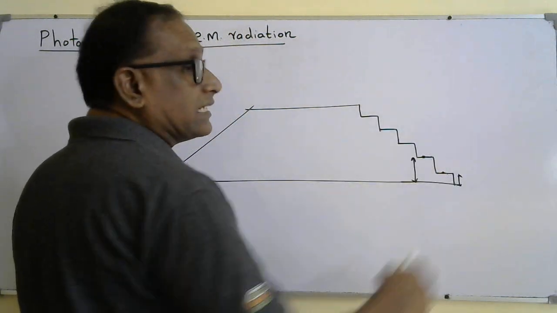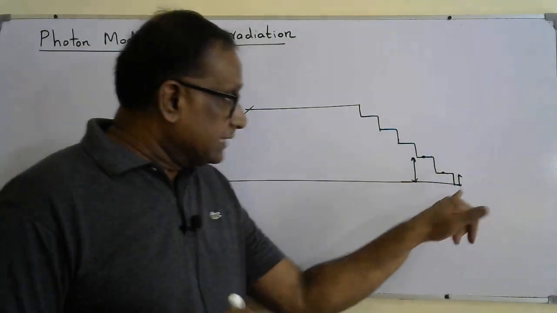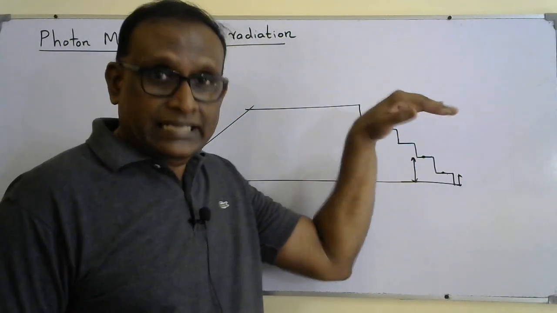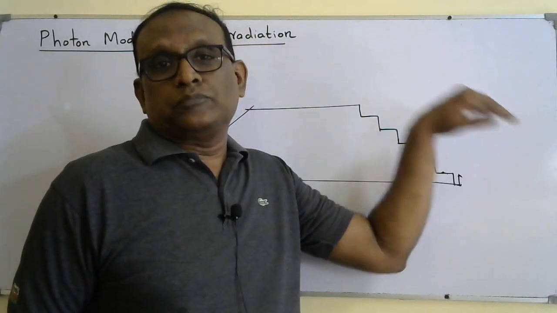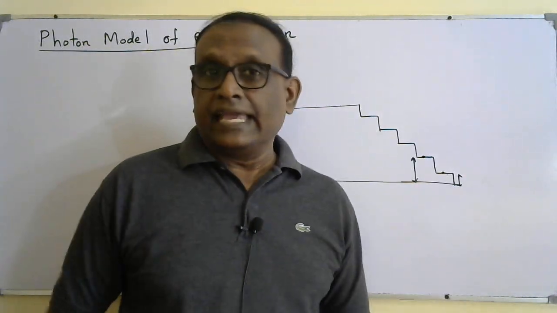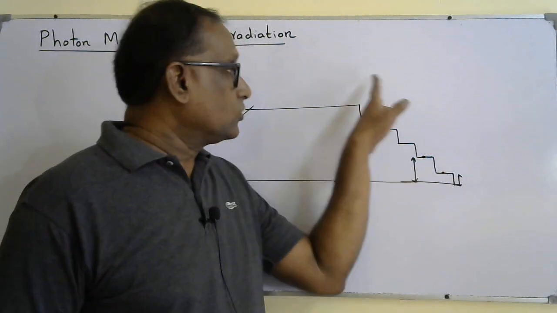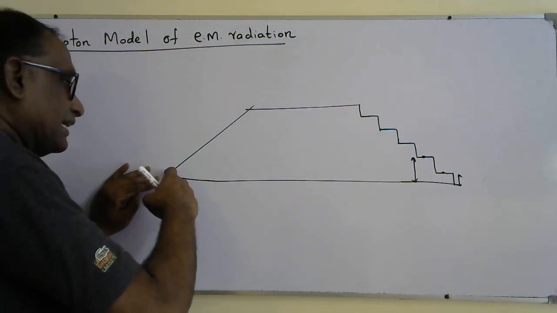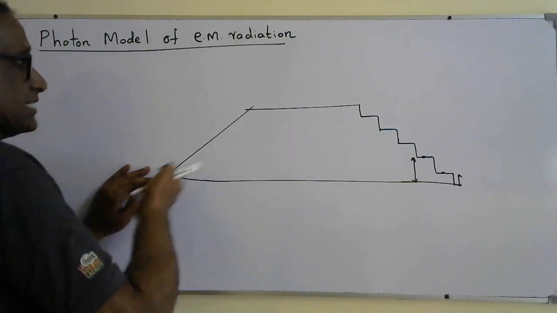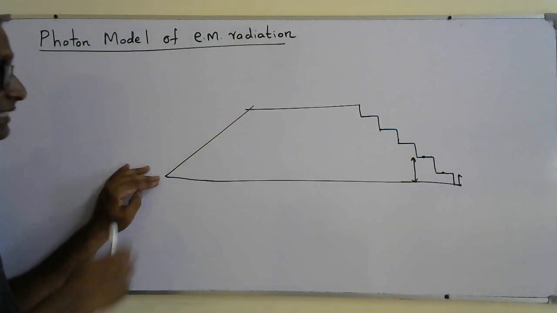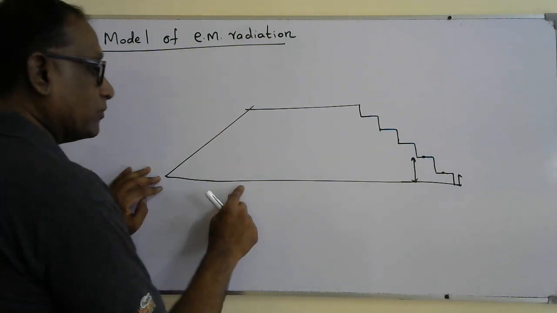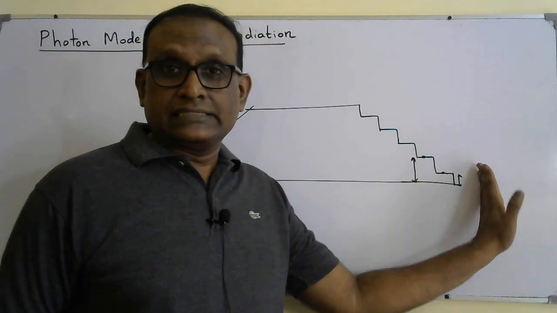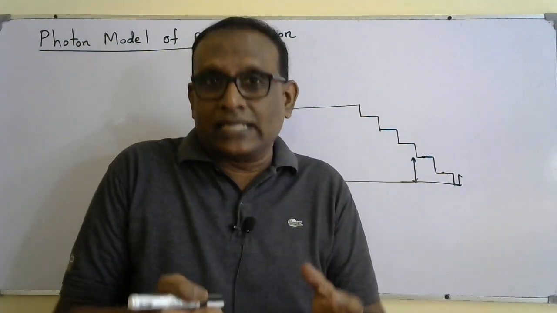So here the gain in gravitational potential energy when he climbs from the ground floor to the first floor is discrete, quantized. But when he walks on a slope, he can gain any amount of gravitational potential energy, continuously. Here on the steps, the gain is discrete or quantized.